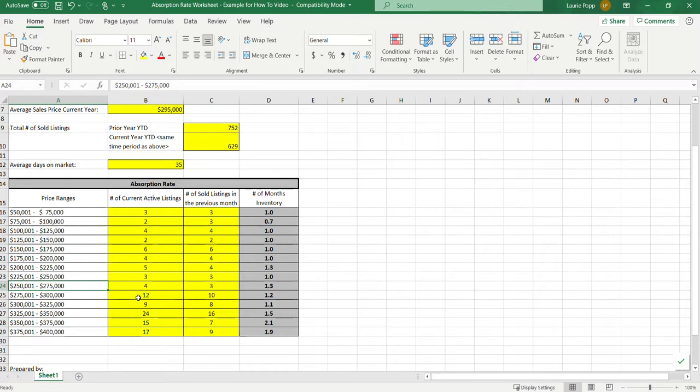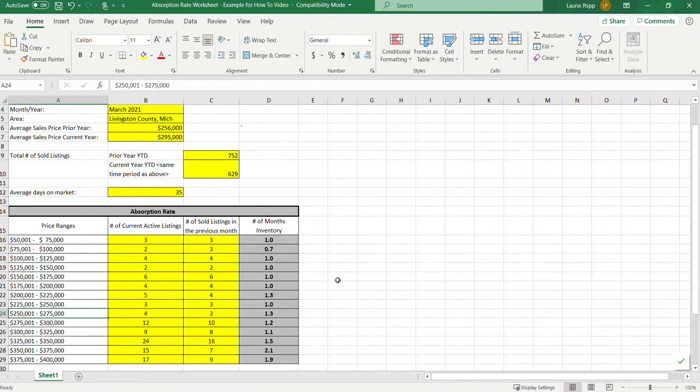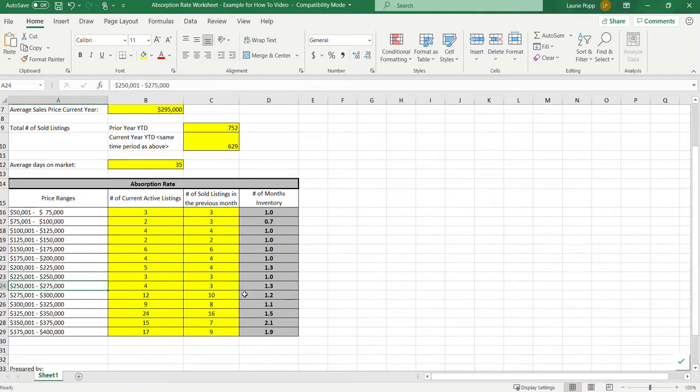So hopefully you're seeing some good information on how you can use this worksheet. It does take just a little bit of time, not long, to prepare. Your price ranges, again, may be smaller or larger, and you may need to go much further than $400,000 for your market area or for the area that you currently like to sell in.